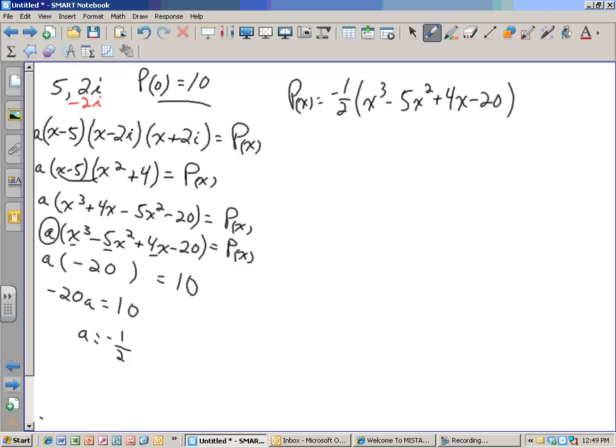Okay, makes sense? And that's the polynomial. The book will ask you to distribute the negative 1/2. I don't care. If you could get to this point, I'm happy with that.